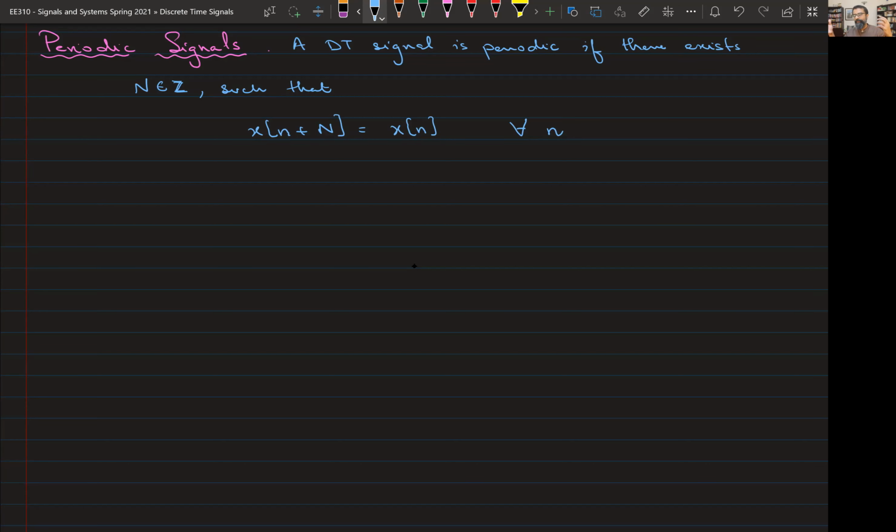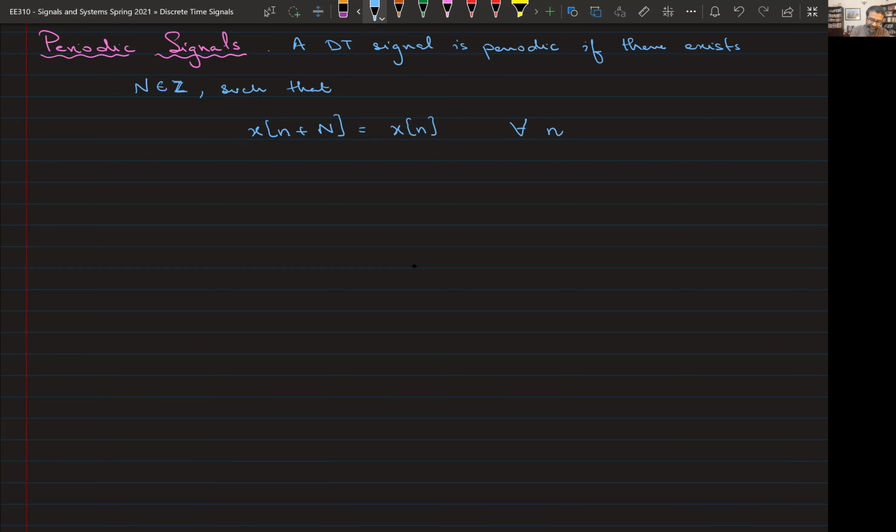This is just like what we had in the continuous time case, except that the period now has to be an integer. If this condition is satisfied, the discrete time signal periodically repeats itself after capital N samples. We're not talking about seconds here, but rather capital N samples.